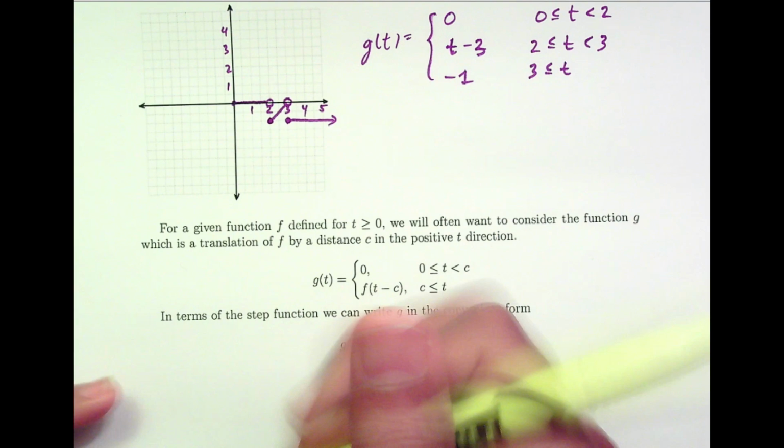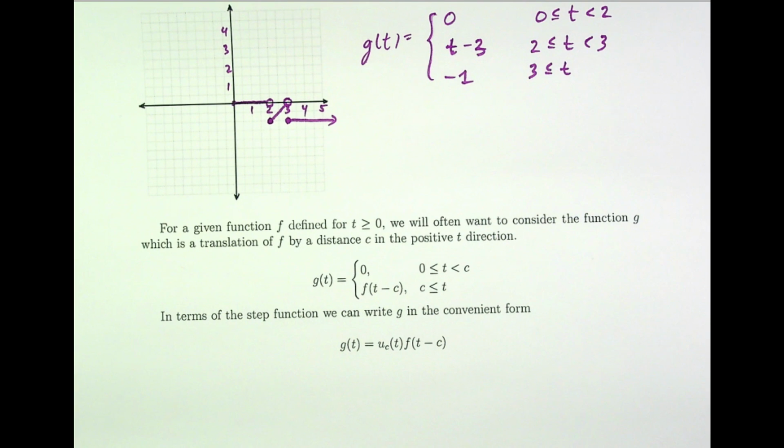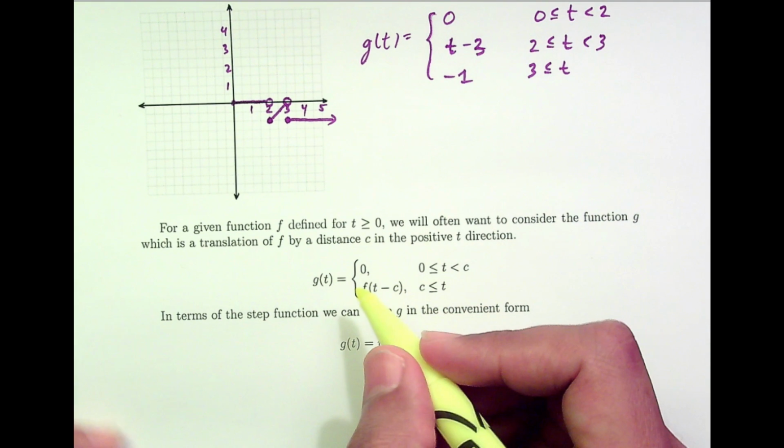So if you remember from college algebra, to move something to the right, you subtract a number. So to move it by c units to the right, you subtract c.